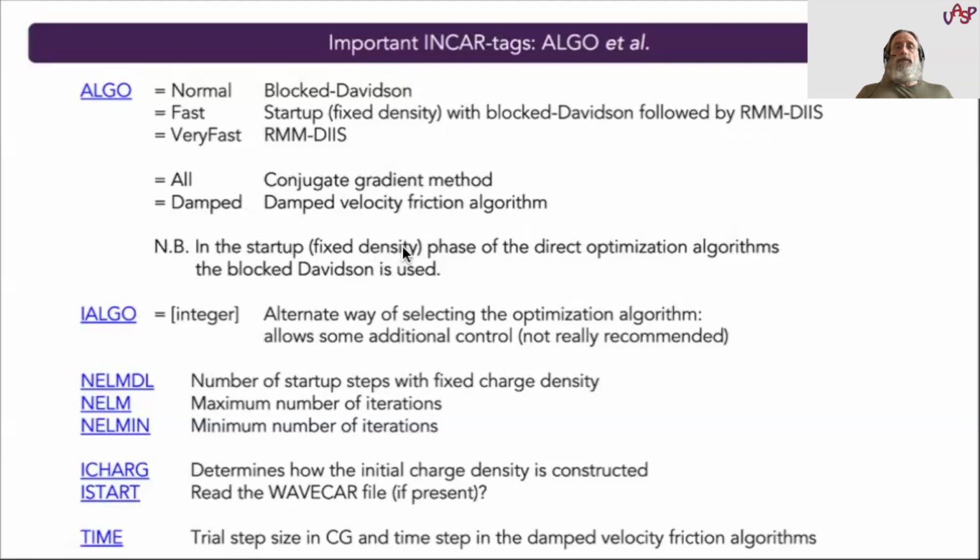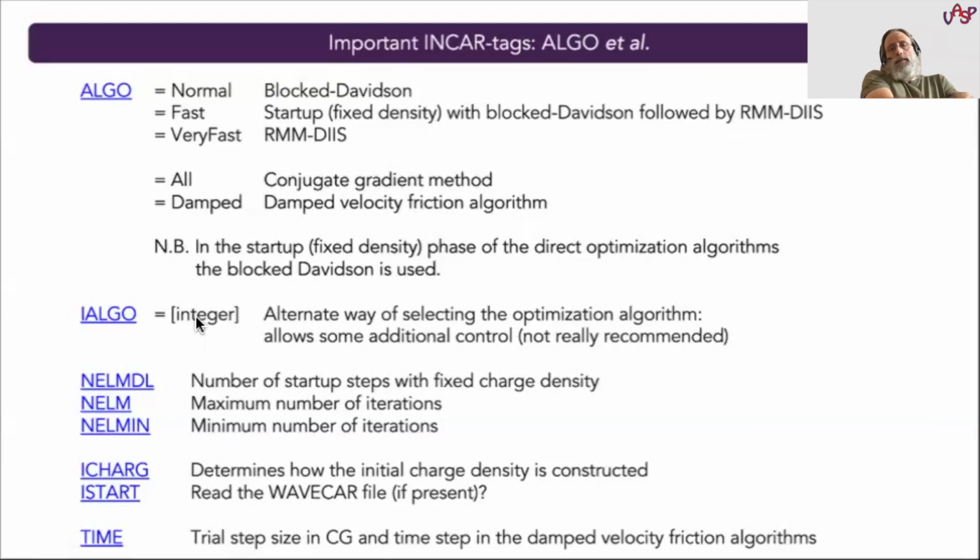I didn't mention this when we were looking at the OSZICAR files, but in case of the direct optimization algorithms, the fixed density phase, so the startup phase, is done using block Davidson. There's another way of selecting algorithms that's by means of the eAlgo tag, and this takes an integer.